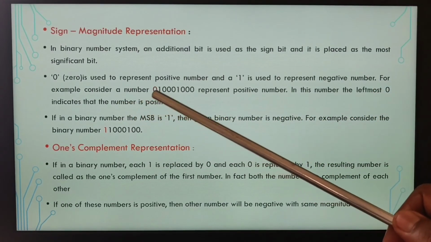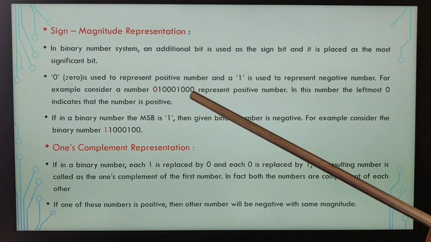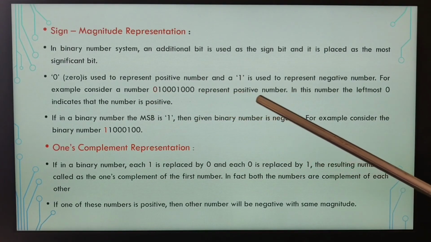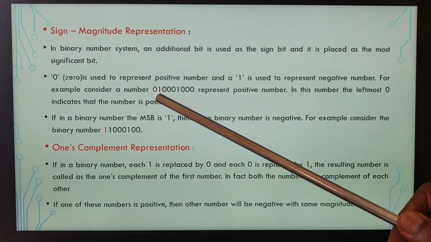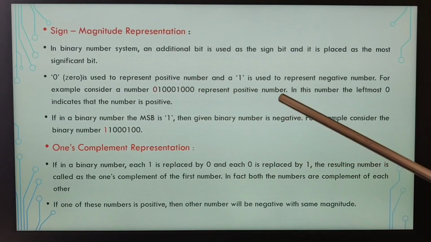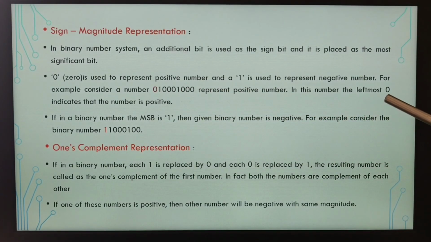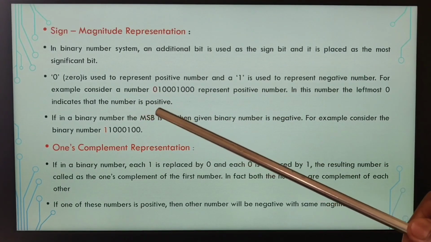For example, consider the number 01000100, which represents a positive number. Here the 0 is shown by red color. This 0 is the most significant bit, so this represents a positive number. In this number, the leftmost 0 indicates that the number is positive.